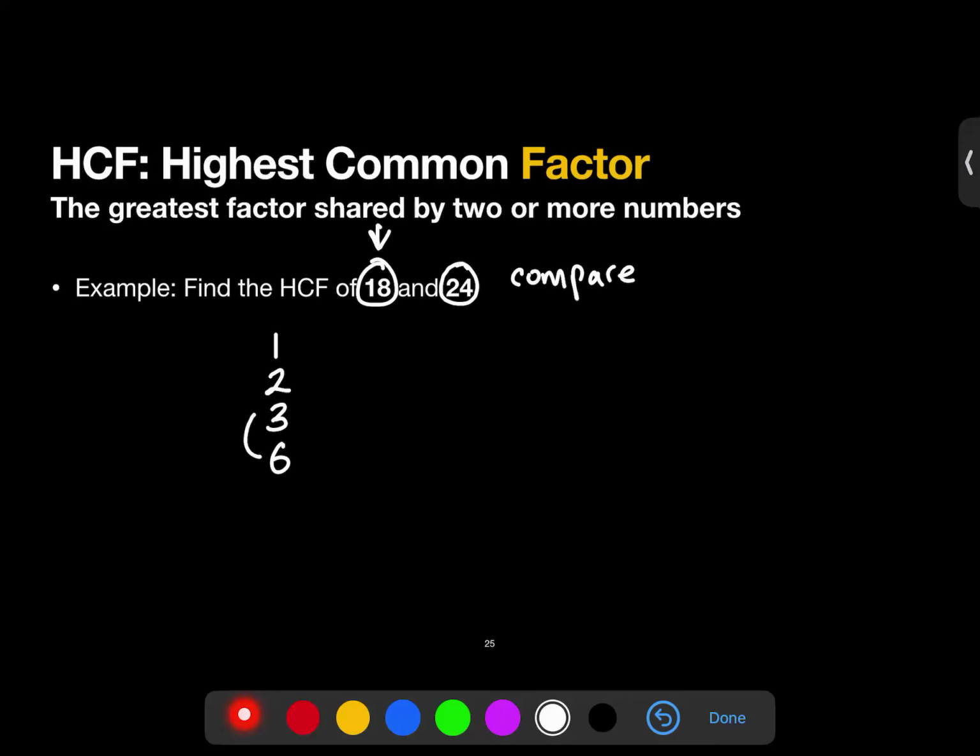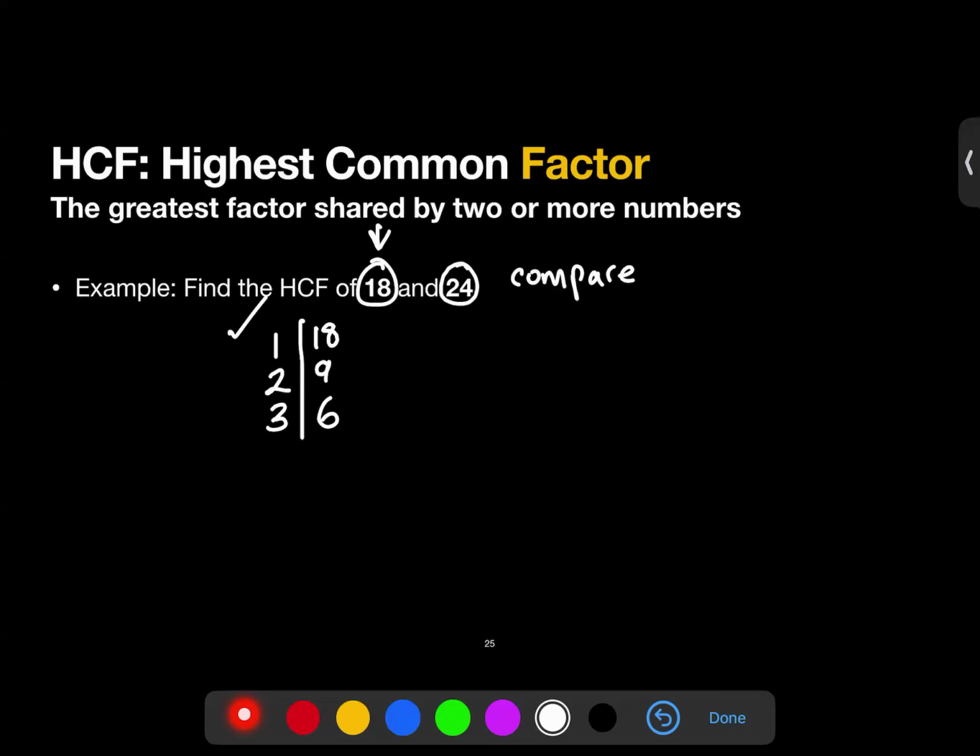But 6 times 3 equals 18, right? So we will draw our line and start going back up. So 2 times what is equal to 18? 9, and 1 times 18. Okay, so good. This is our factors list for 18.